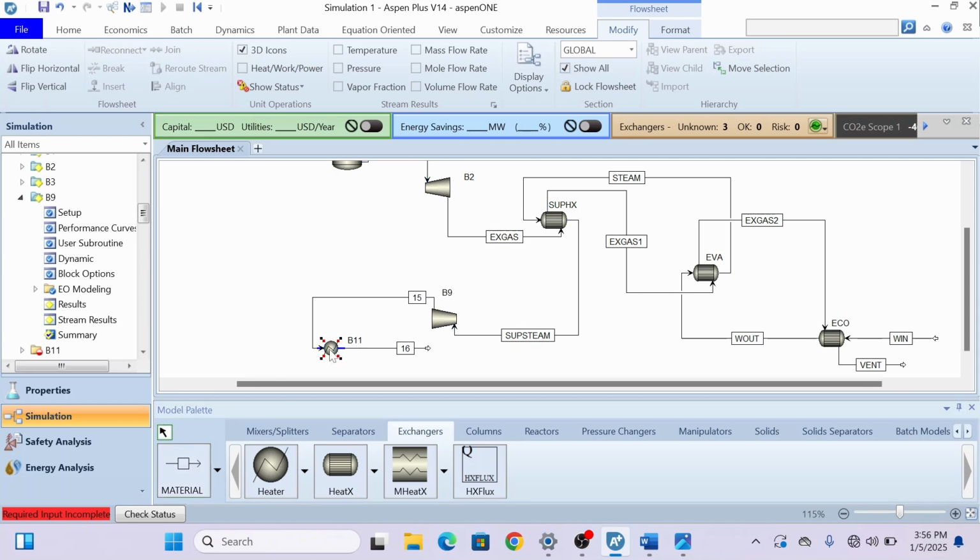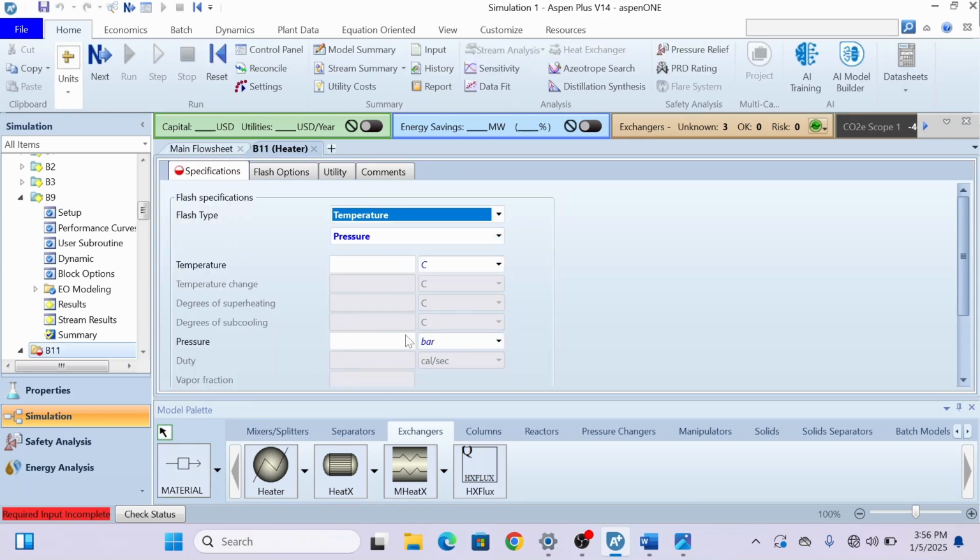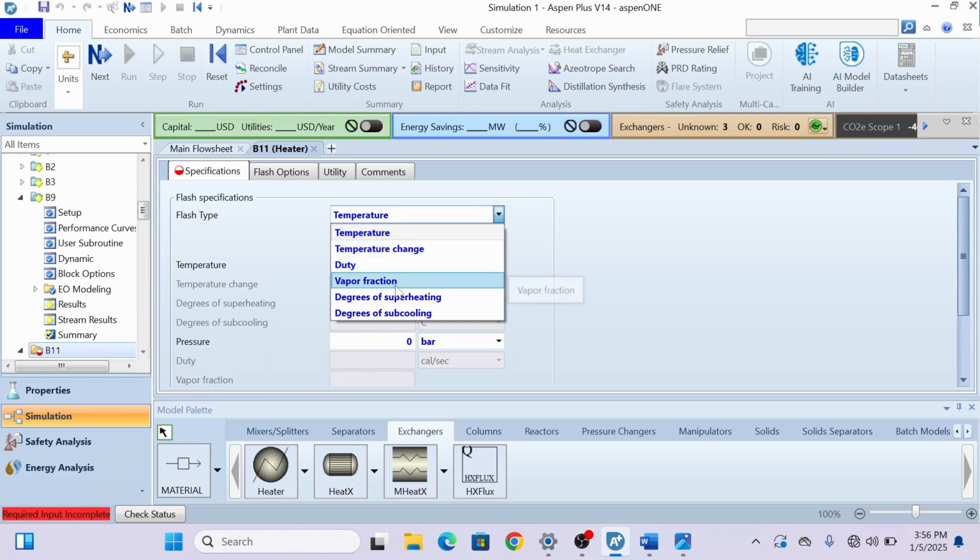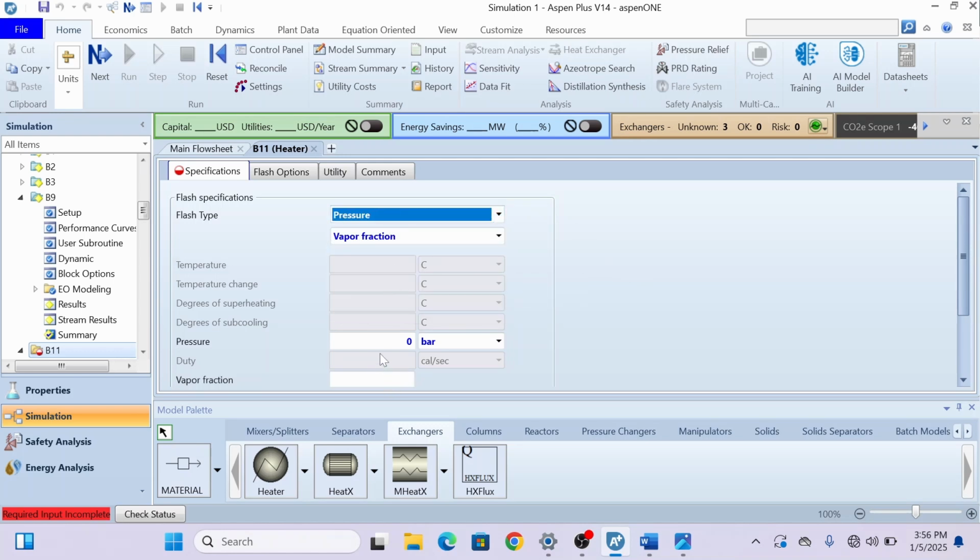Double click on it, and here I have to specify two things. For pressure drop, I will take zero pressure drop, and in place of temperature, I will go to vapor fraction and specify that no vapor is present, all of the water is present. For this, I will enter zero.